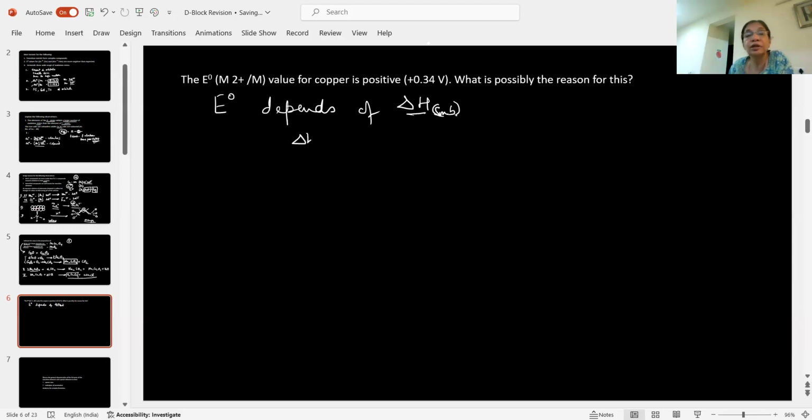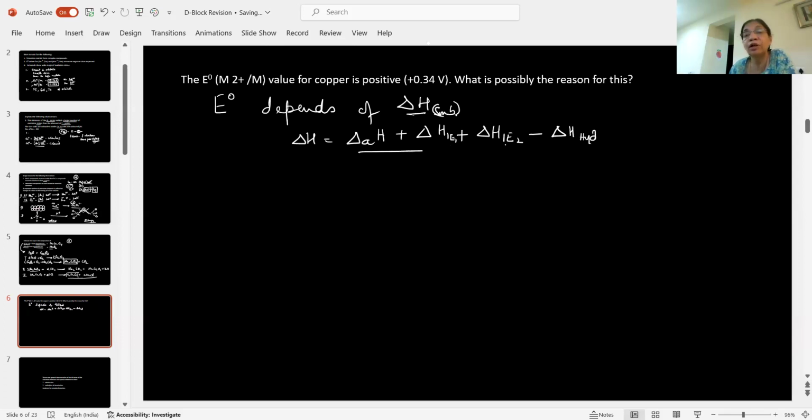Delta H is the sum of delta H of atomization, that is energy of atomization, plus delta H IE1 plus delta H IE2, ionization energy 1 plus ionization energy 2, minus delta H of hydration.